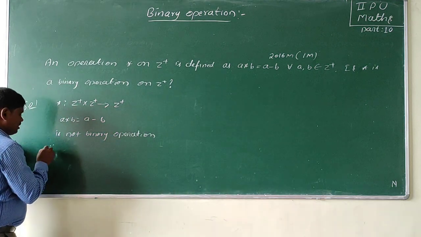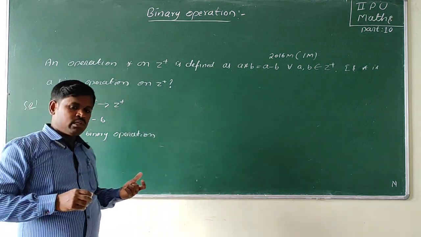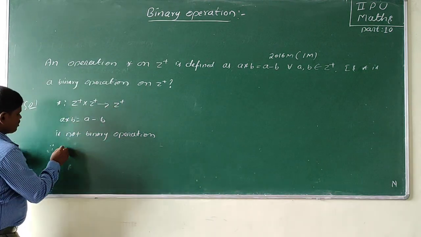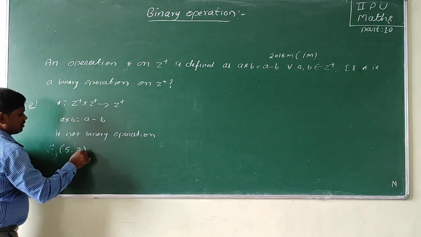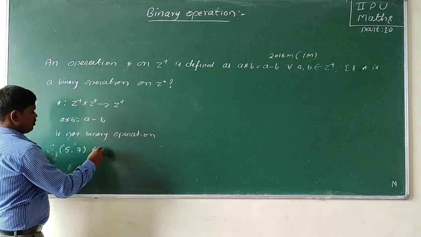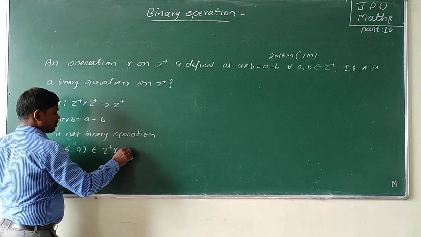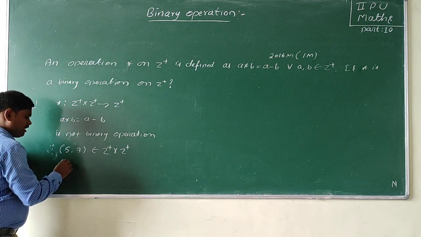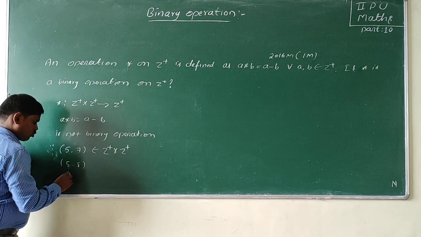Why? We just give a counter example. Suppose 5 comma 7 belongs to Z plus cross Z plus. It could be any pair, like 5 comma 8 or 2 comma 3.